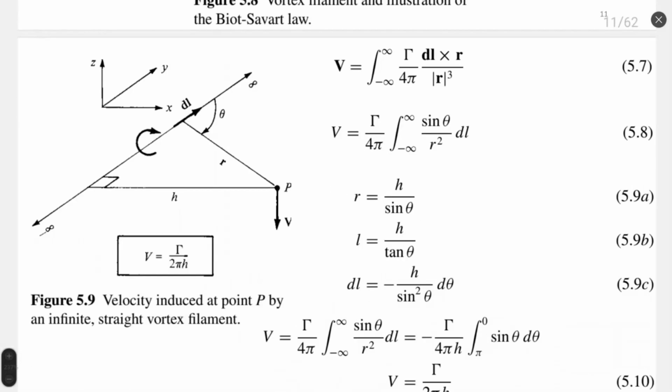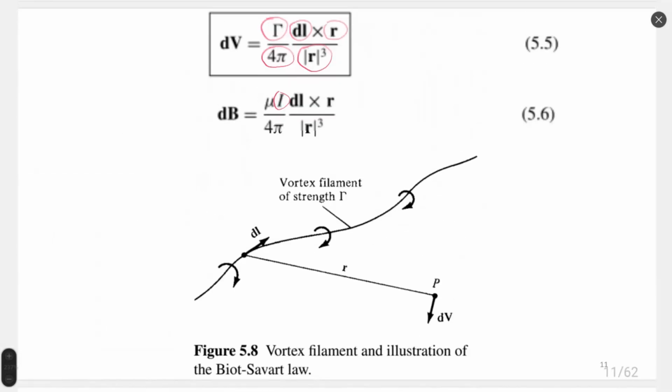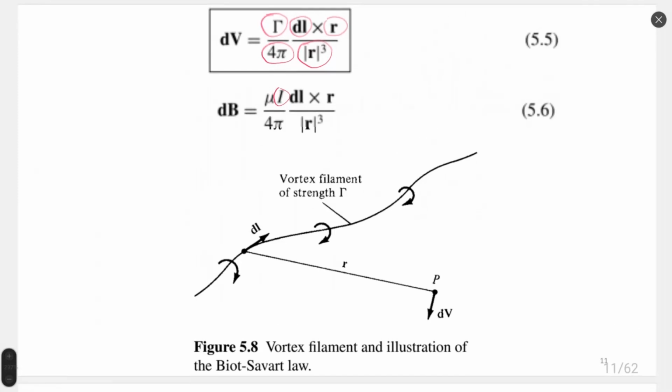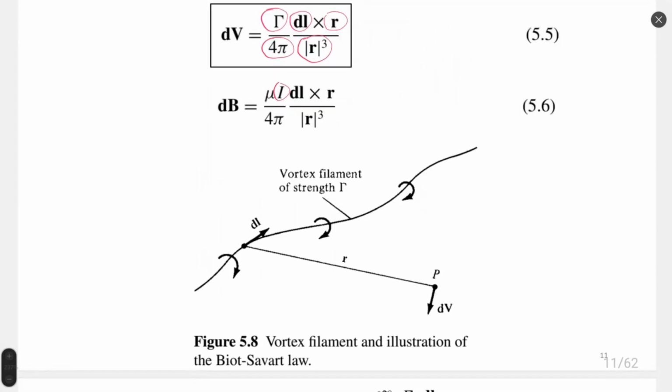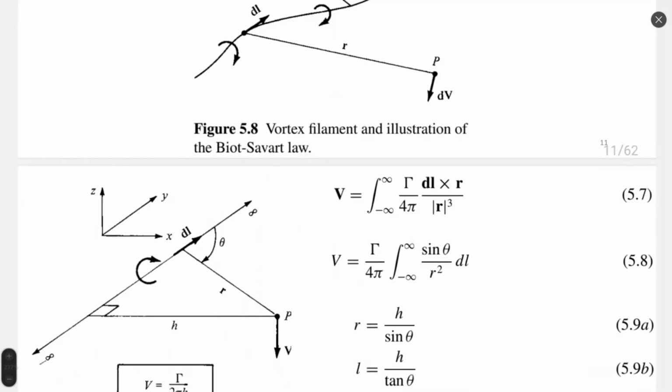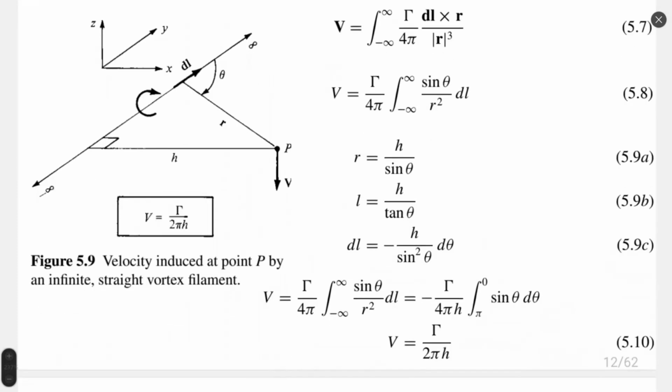We can apply this Biot-Savart law to calculate our velocity once we integrate the left and right sides of equation 5. On the left side, we will obtain the velocity created by the vortex. On the right side, we will integrate over all the vortex filament. This is done in equation 7. On the left side, we have velocity. On the right side, we have the integral.